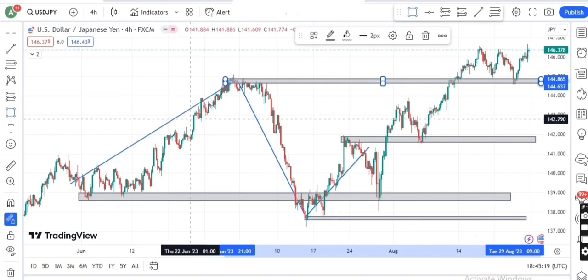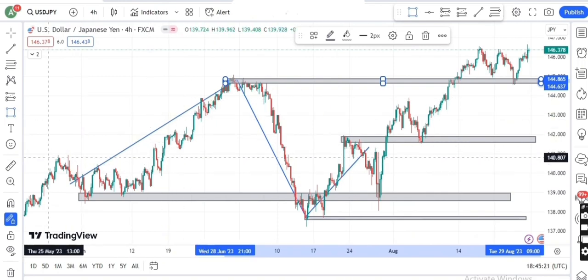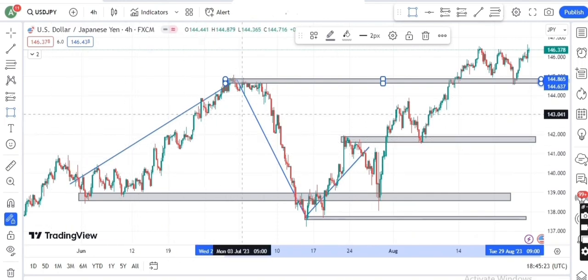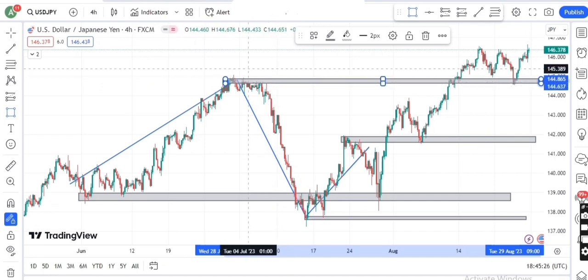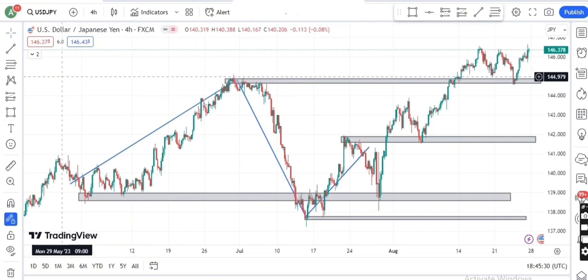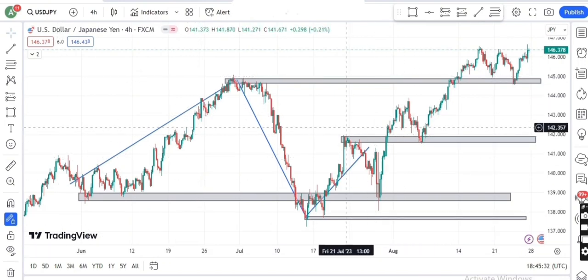These are the things you need to identify on your chart: the big support and the big resistance level.